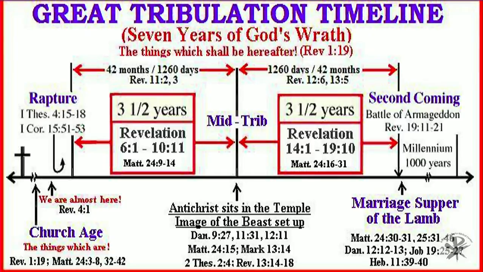of the tribulation. The scroll judgments, as you may recall, begin with the 4 horsemen of the apocalypse, representing peace, the white horse, and then war and famine and death. Those occur in a very limited fashion during these first 3.5 years, because that peace, remember, is going to be overwhelming during this 3.5 years.